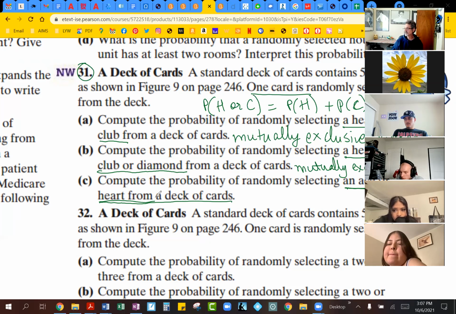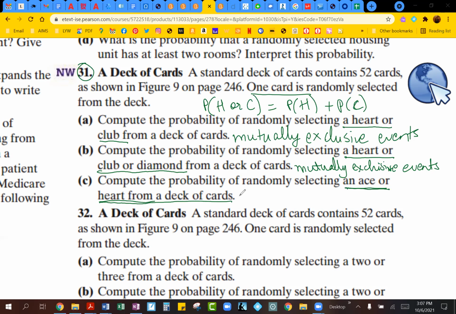Yeah, because we can have an ace of hearts, right? So these are not mutually exclusive events. Okay. So this formula is then going to be a little bit different, and let's take a look at what that will end up looking like.